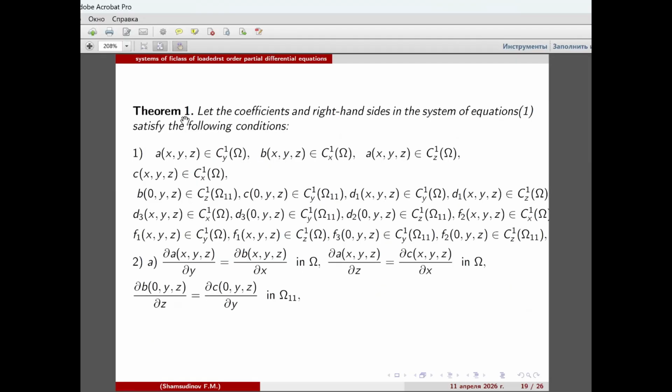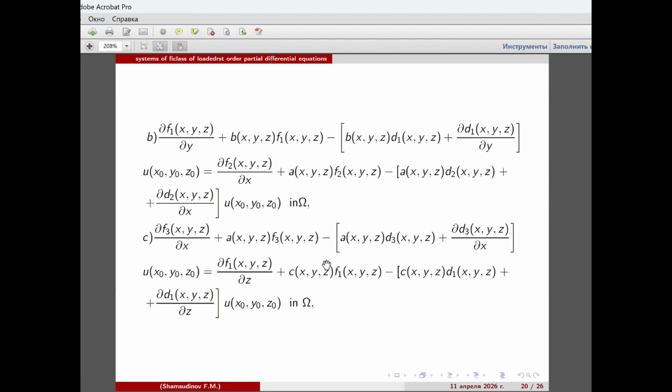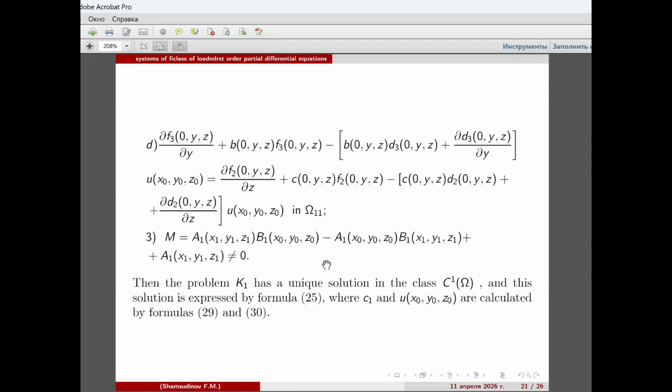Theorem 1. Let the coefficients and right-hand sides in the system of equations 1 satisfy the following conditions 2a, 2b, 2c, 2d and 3.